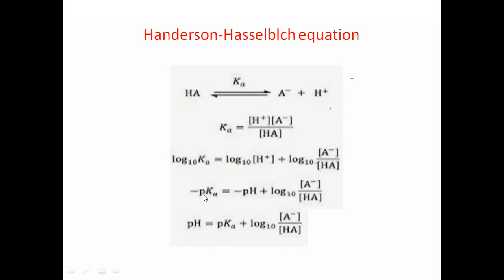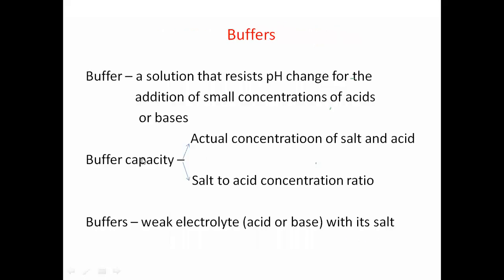So this is minus pKa, this is minus pH plus log10 A minus by HA. This pKa can be brought out, so pH is equal to pKa plus log A minus by HA. This is represented in a different form.